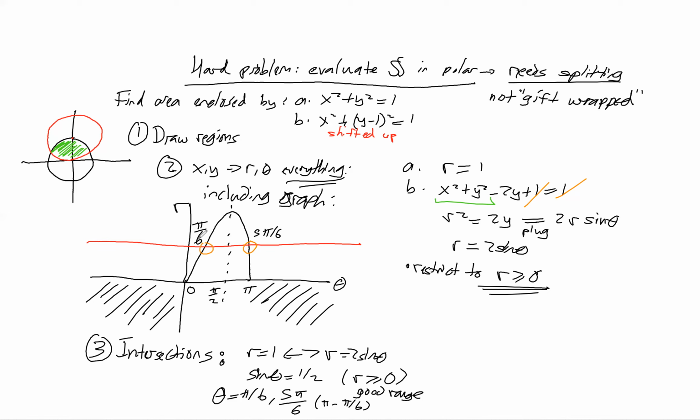You would think that we're ready to start integrating, right? Because we have our theta min, our theta max, our r min, and our r max, right? Well, it turns out if we try just plugging it in to the integral, we get wrong stuff.